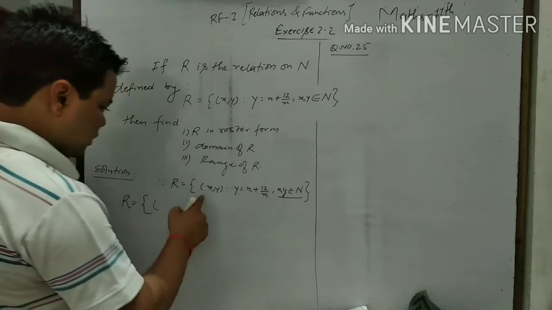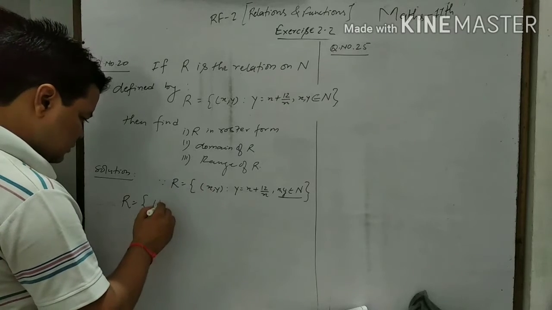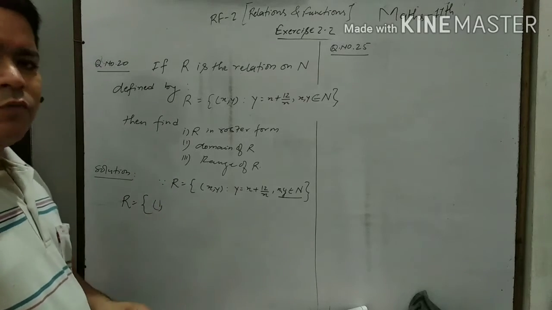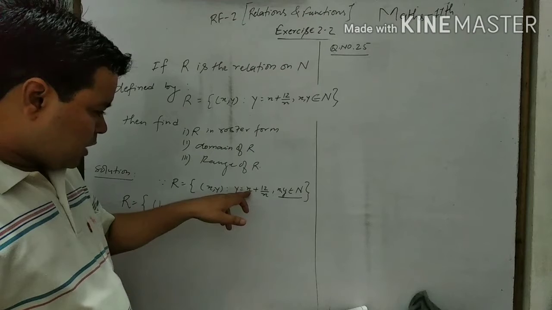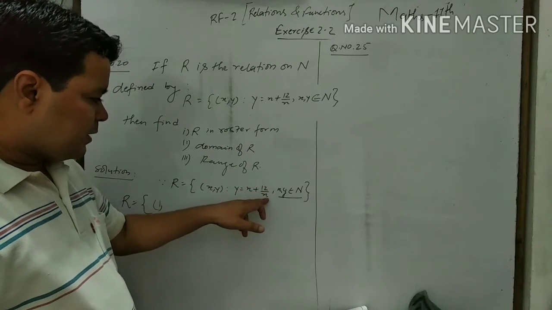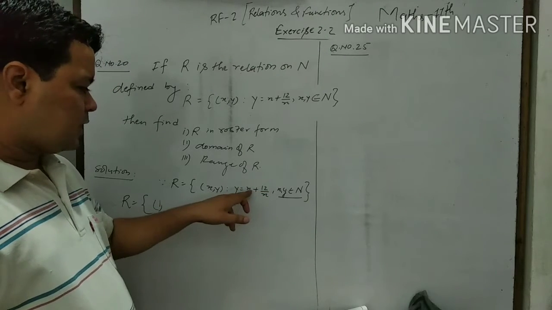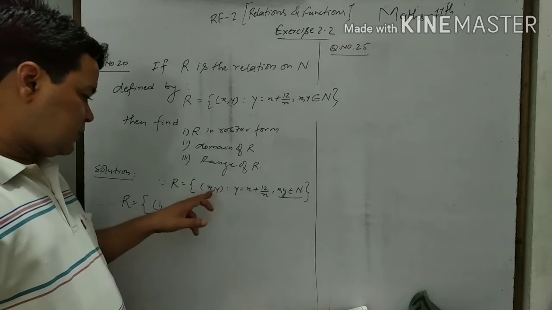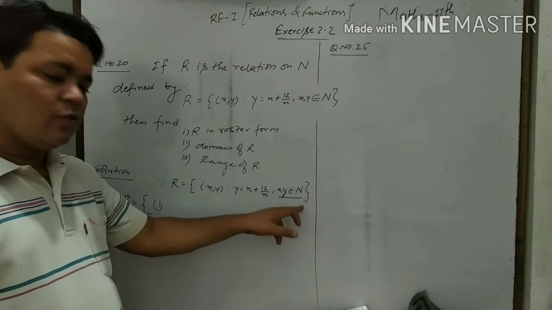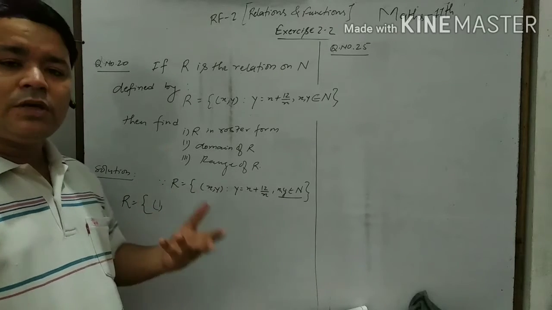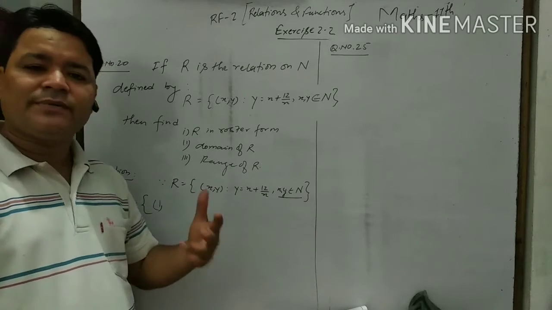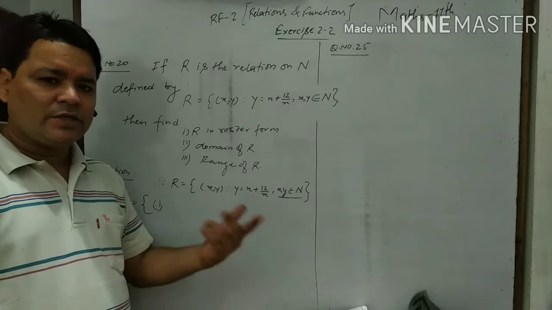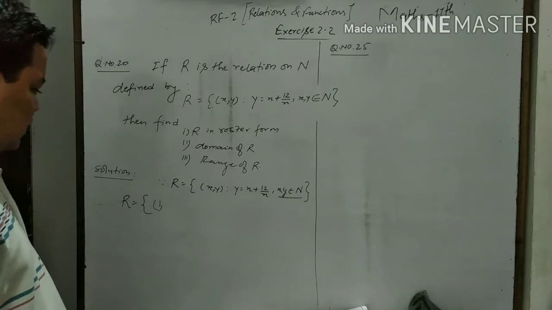Let me take x as 1, because natural numbers start from 1. So obviously I have to take 1.